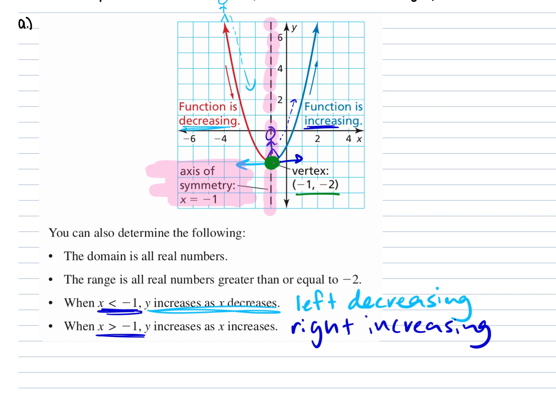Last two important things that we need to know here. Always for our quadratic functions, our domain is going to be all real numbers. Domain is the x values on our graph. Your domain is always all real numbers.